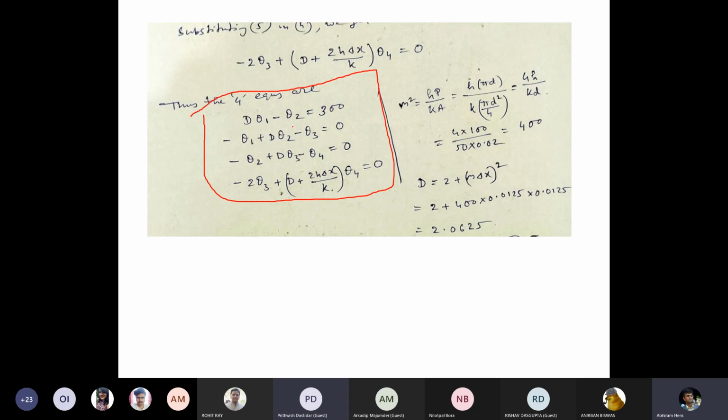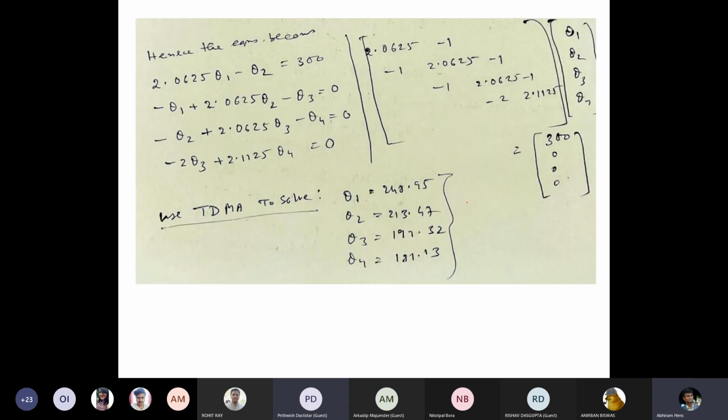This is a set of algebraic equations. This value of d etc. can be calculated from the given values of conductivity and geometrical parameters, and you can apply any method like the Thomas algorithm or Gauss elimination.